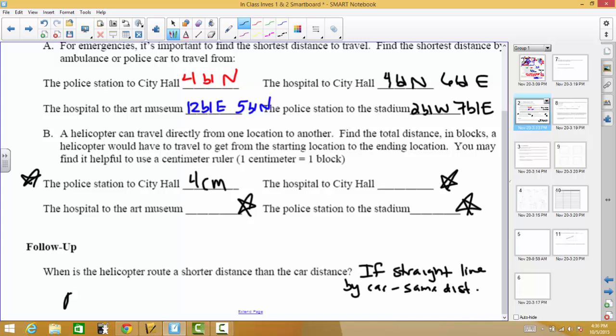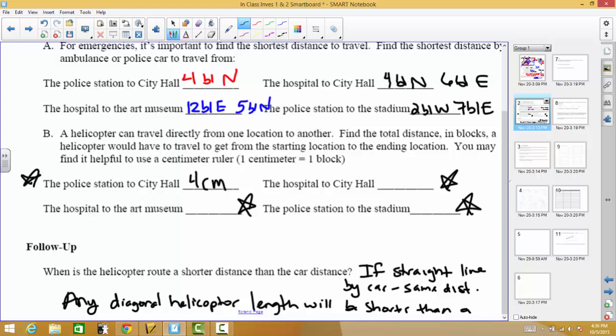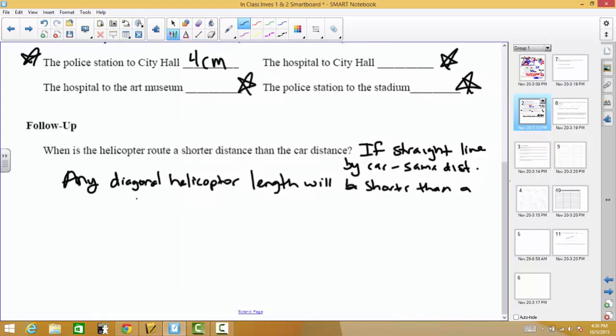So any diagonal helicopter length will be shorter than a car that makes a 90-degree right angle turn, meaning it goes north and west or south and east.